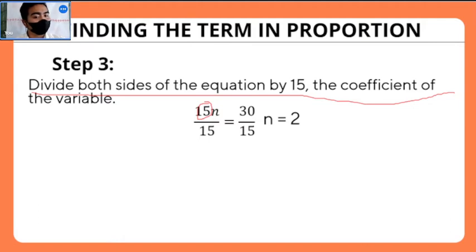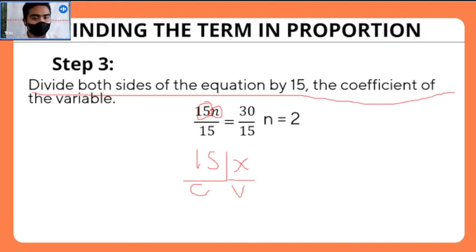Variables can be represented by letters. If for example your variable is letter x, your coefficient is a number. It could be 15 or 3 or whatsoever.